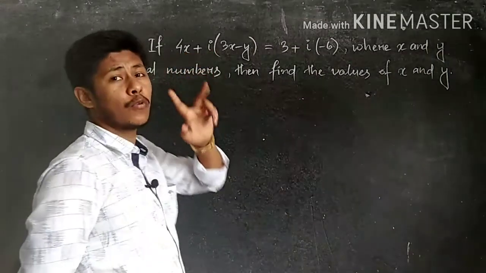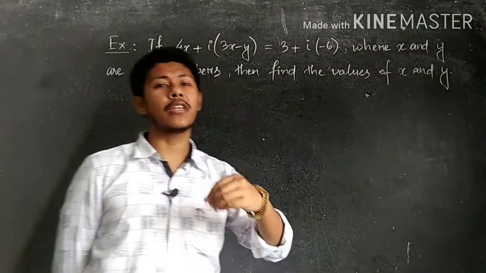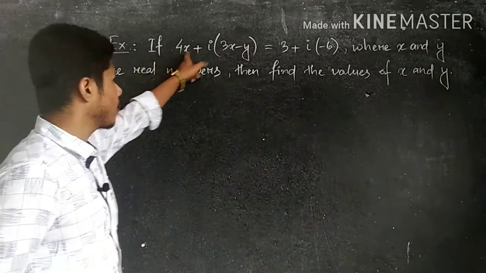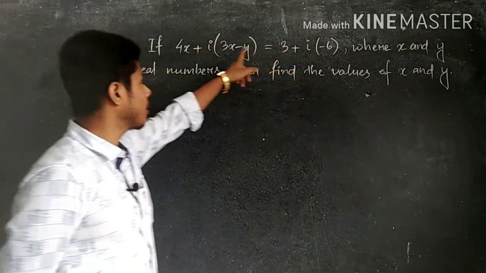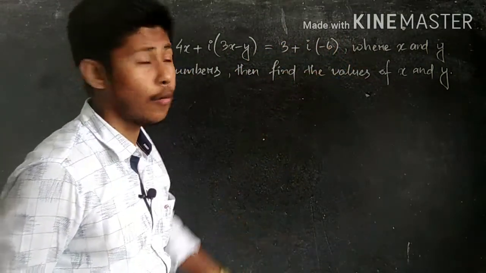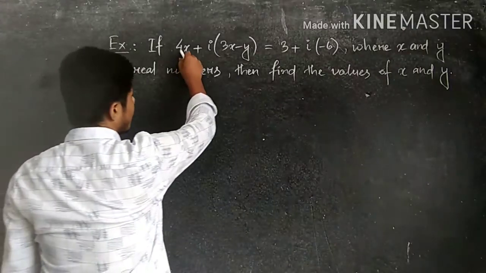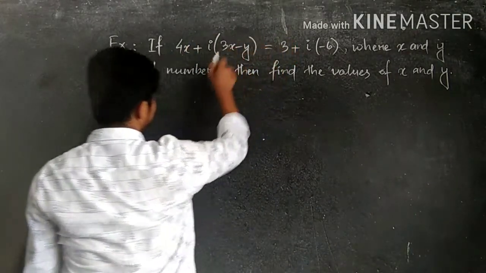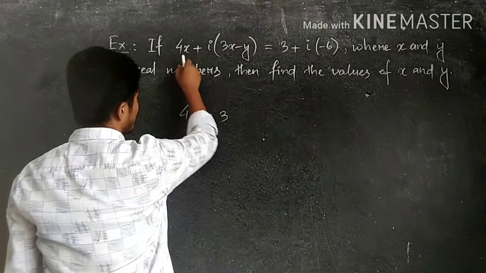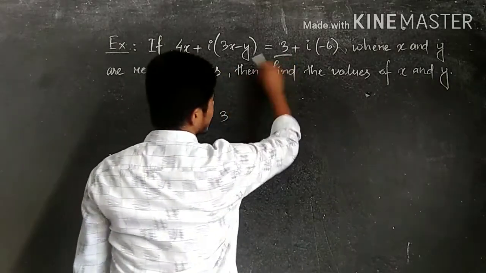Now we have to compare. Since we know that if two complex numbers are equal, then the real part equals the real part and the imaginary part equals the imaginary part, we can easily compare. So 4x is equal to 3, because the real part is equal to the real part.